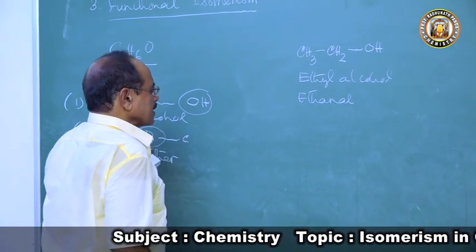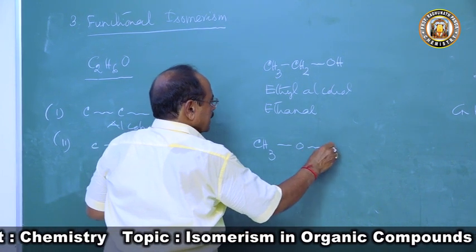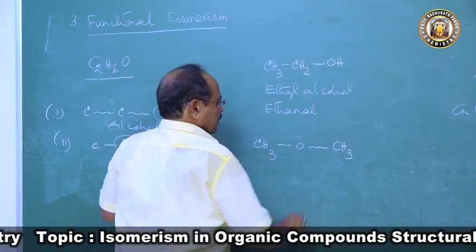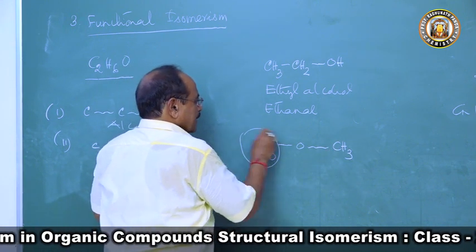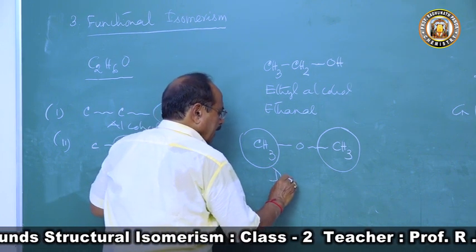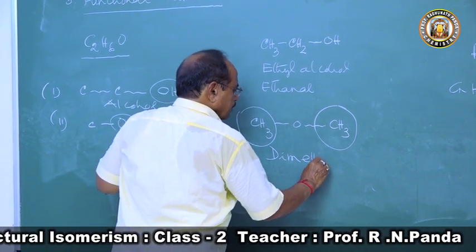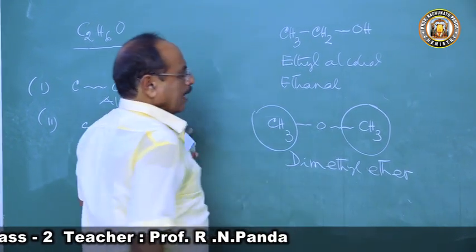Now if you come to this one, this is CH3, this is O, this is CH3. So ROR, ether. This is methyl, this is methyl, so two methyl groups: dimethyl ether. The common name is dimethyl ether.